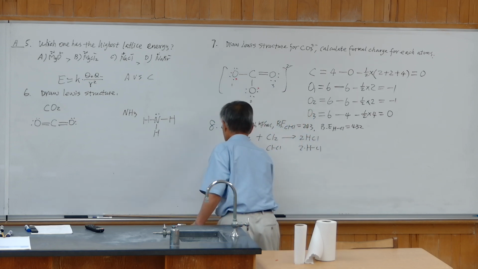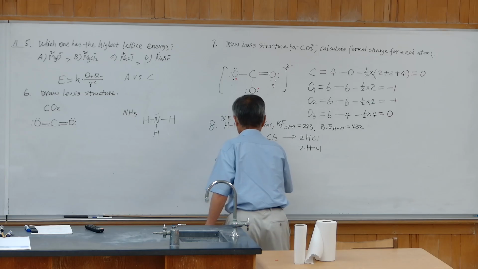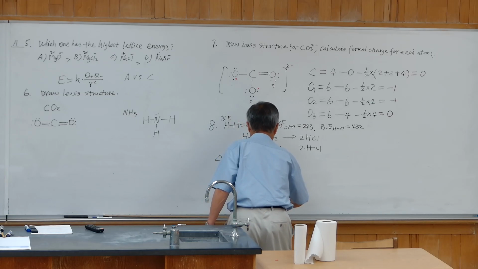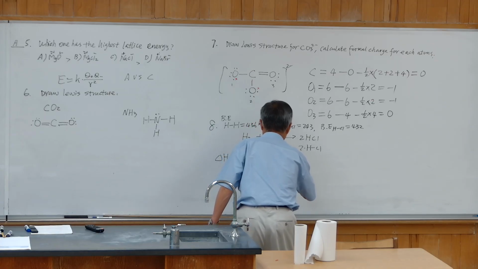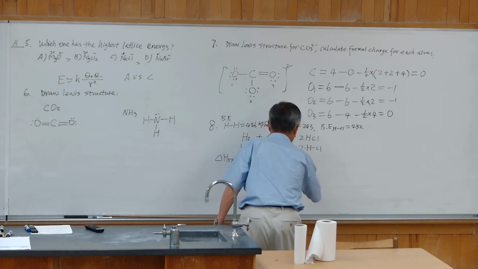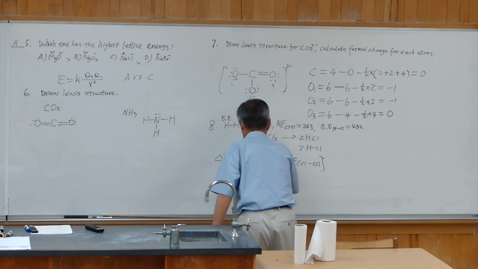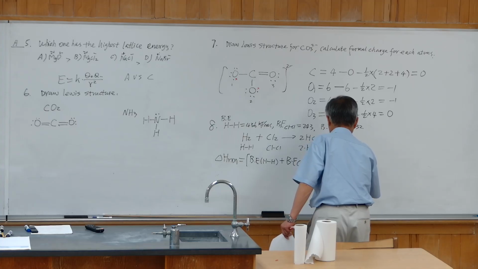So the formula is: the enthalpy change is the bond energy of the reactants, so the bond energy of hydrogen and the bond energy of chlorine, minus the total bond energy of the products.